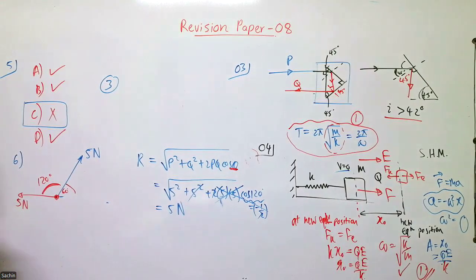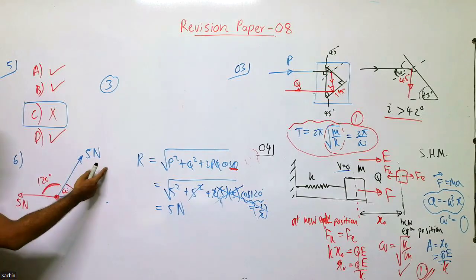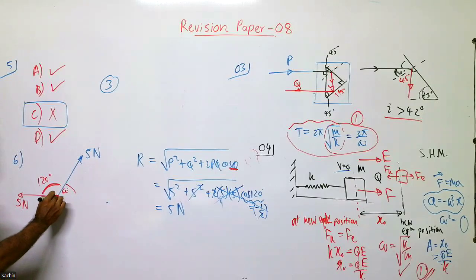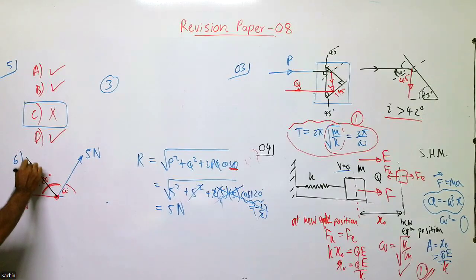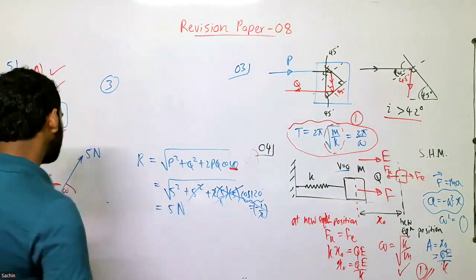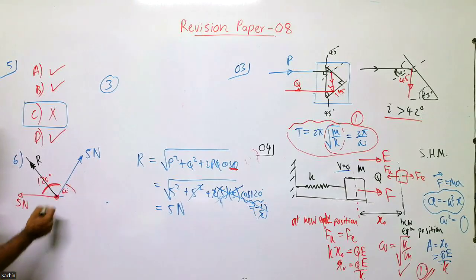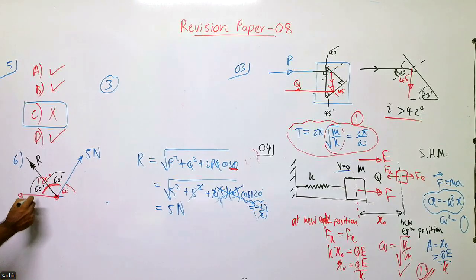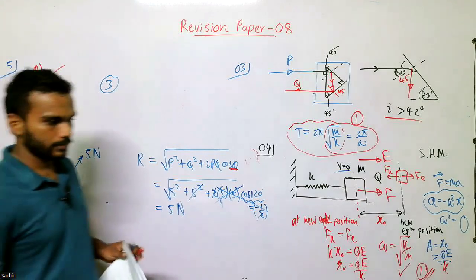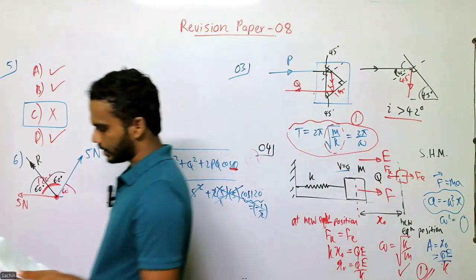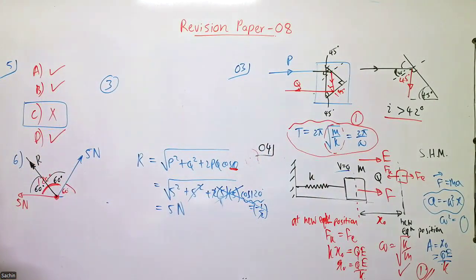So what should be the direction? When the two forces acting are equal, the resultant should go in the midway, right? The resultant should be such that it has the same angle with these two forces. That means each of these angles should be 60 degrees. I mean, if you want, I can show it using an equation, but in this case, it is not needed because I think you can understand it.